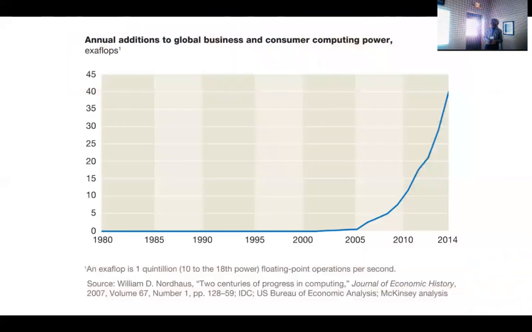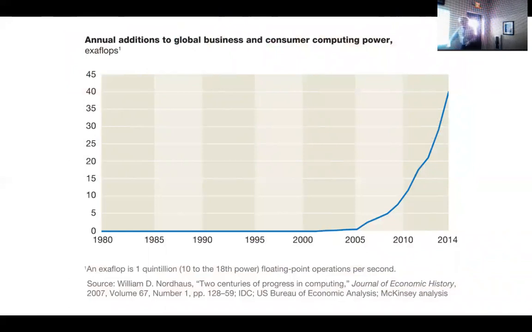All right, here are some fun facts. This is the annual additions to computing power in exaflops. A flop is a floating point operation per second, and this is the whole globe's access to computing power, and it's pretty flat, pretty flat, pretty flat.